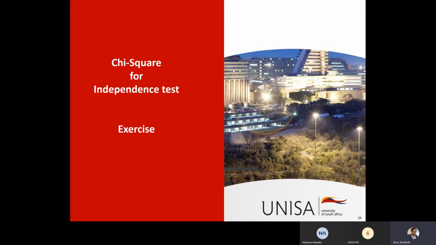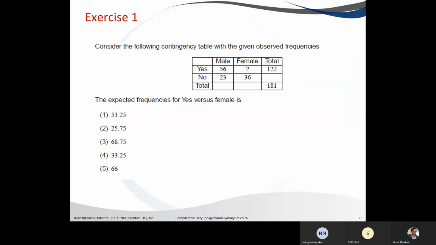I know the question is asking you to calculate only one expected value. I want you to calculate for all of them because we're going to use them at a later stage. Once you have calculated your expected values, you can then answer the question and then we will move to the next one.